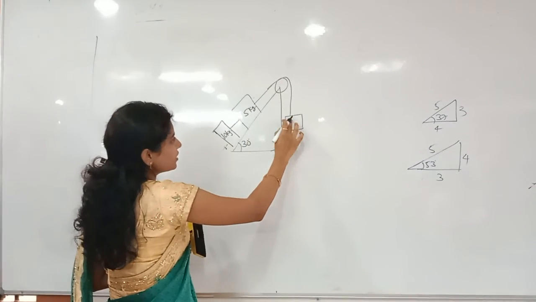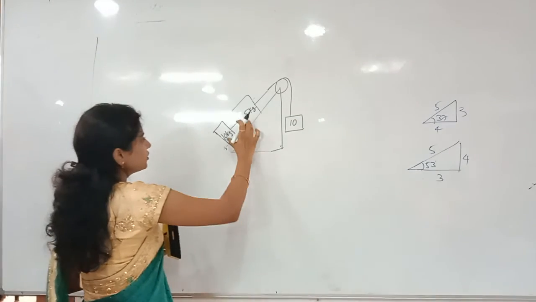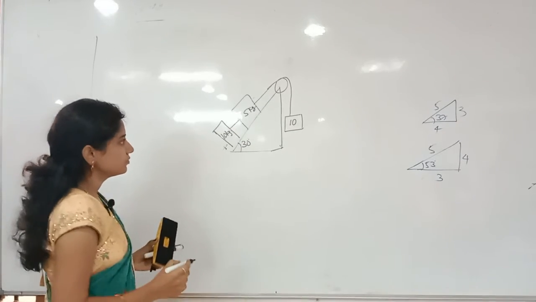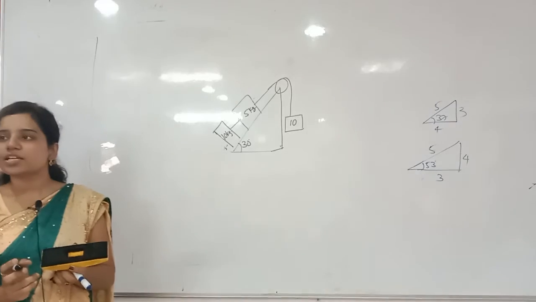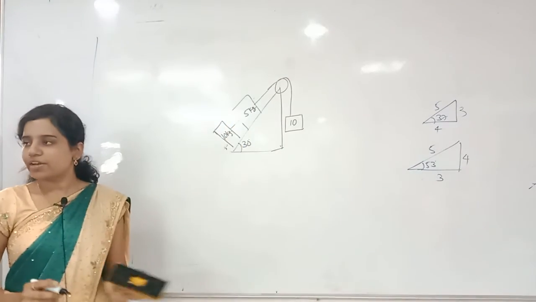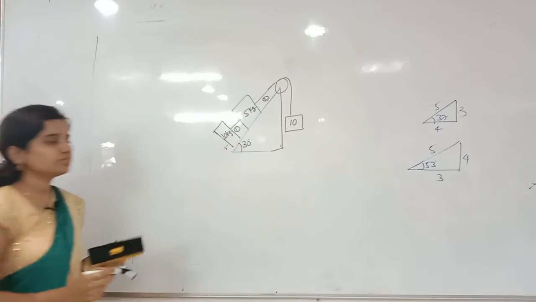Change the masses, I have changed everything. Now find the acceleration and also how many strings are there? 2 strings. One string, another string. Find T1 and then T2. This is the first one and then this one is the second one.